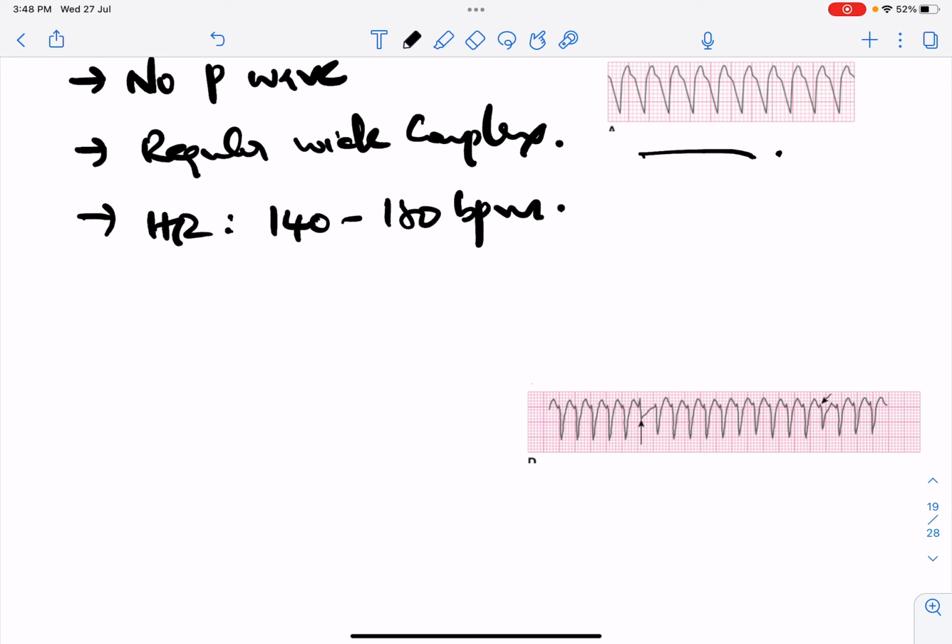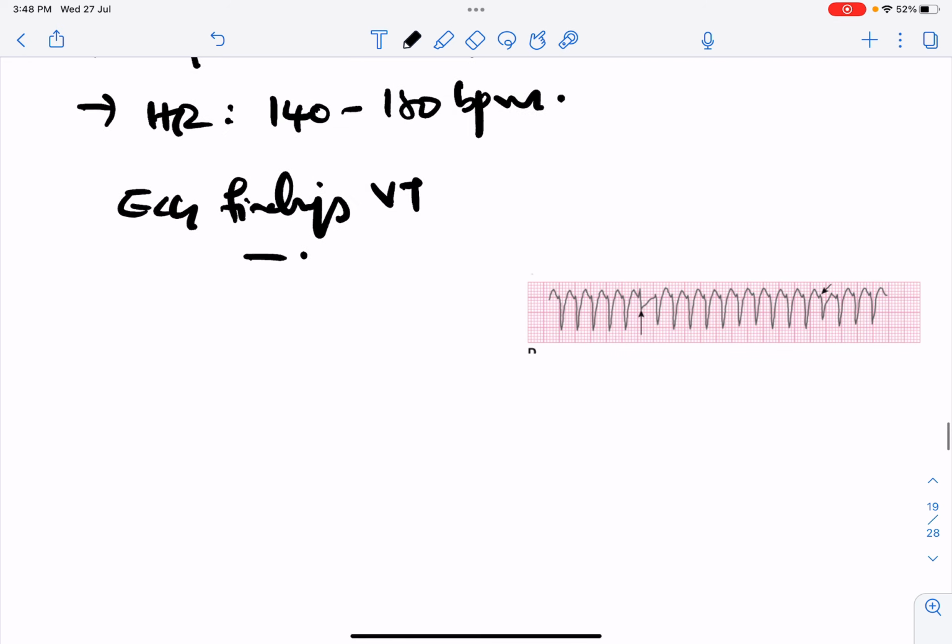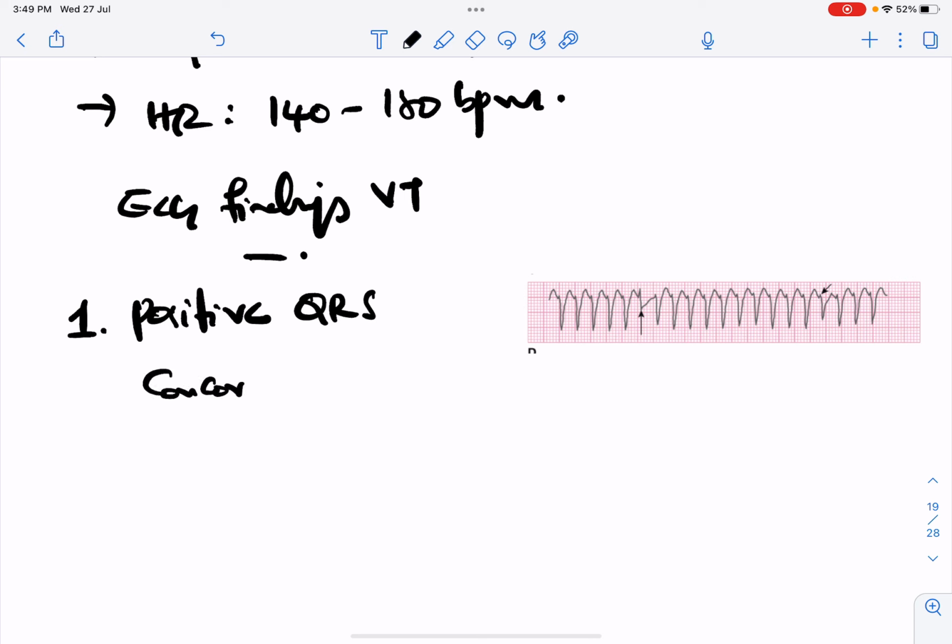The QRS complex will be positive in all chest leads.